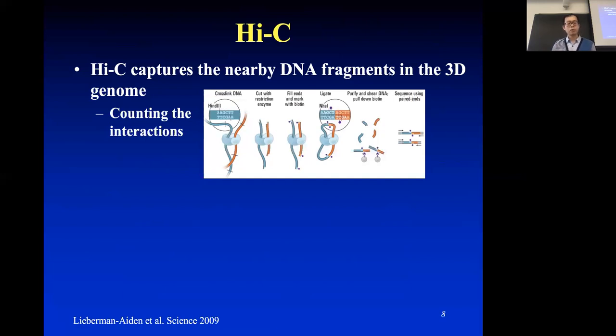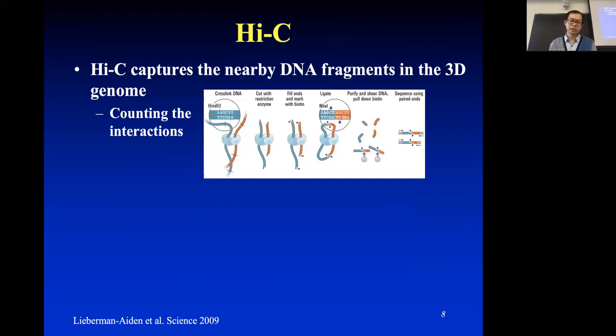A key point of this experiment is that if two DNA fragments are close in 3D space, there is a way to cross-link the two DNA fragments together, like what's shown here. If we fix the two DNA fragments together, then because they are cut by the same restriction enzyme, they share the same flanking region. That's why it's very easy for these two DNA fragments to glue together, to ligate to each other.